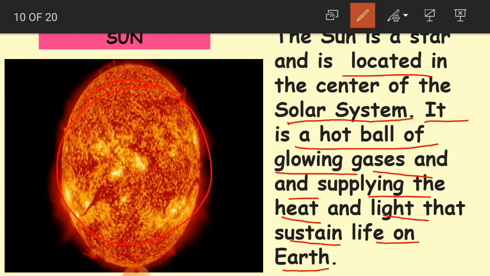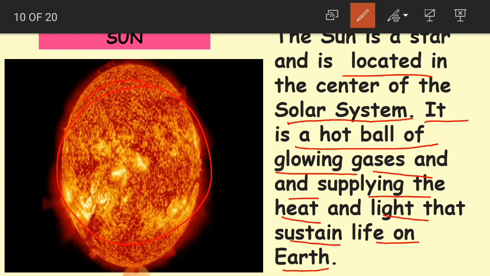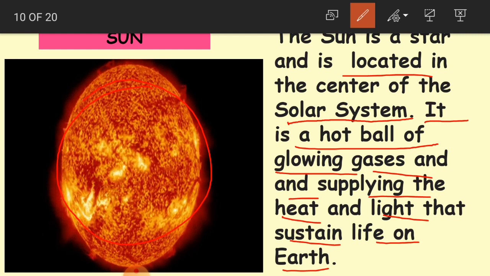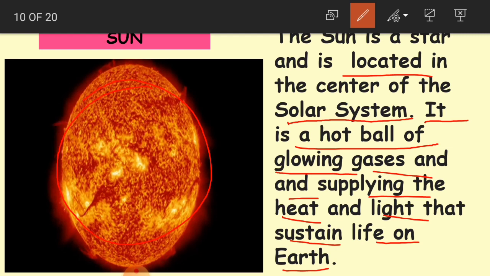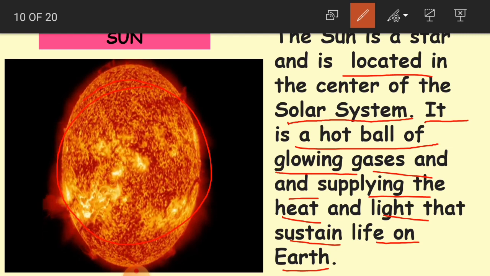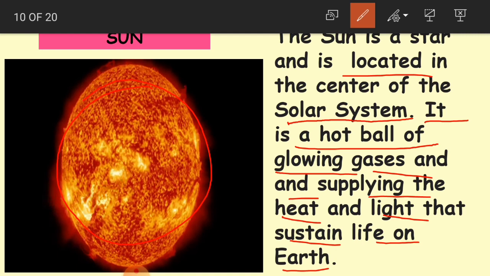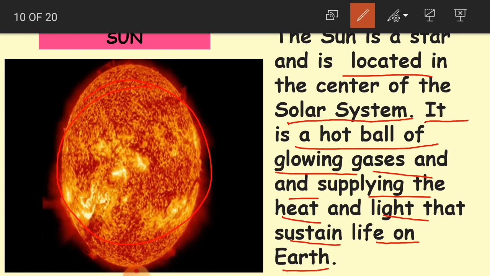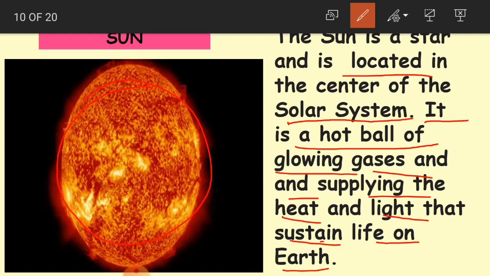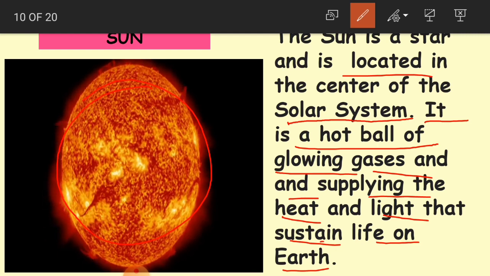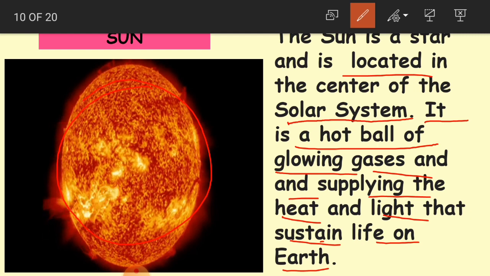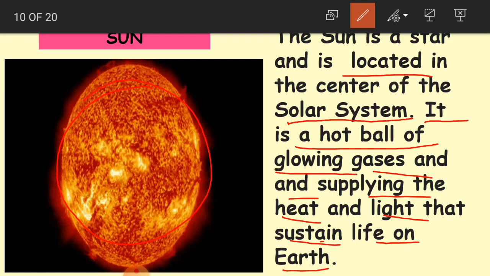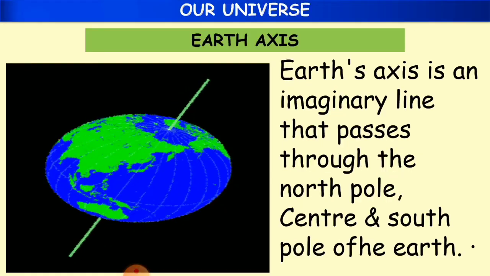Inside the sun it is hot and it also has glowing gases like hydrogen and helium, and is going to supply the heat and light for us, especially for all the living organisms on the earth. That is how it is going to sustain life on earth. It is going to produce life for the living things on the earth. Clear, children? Yes, now about earth axis.